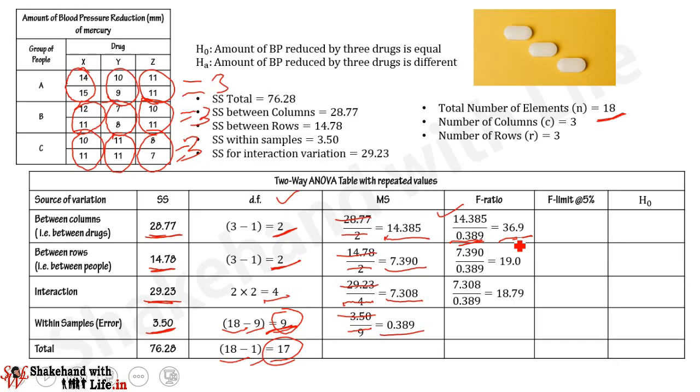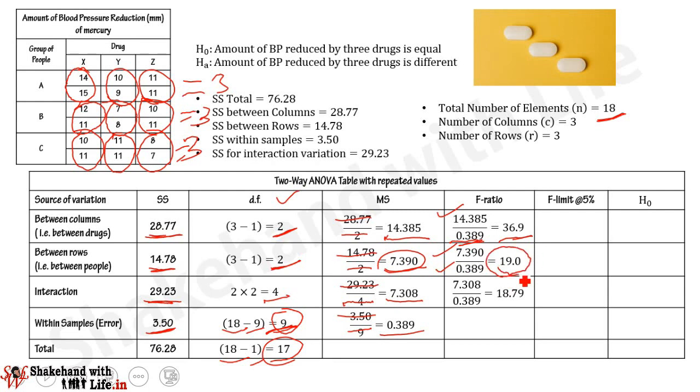Now the F ratio between the rows, so the F ratio corresponding to the rows, or between the groups of people. So we have 7.390 in the numerator, divided by the mean square for variation within samples, 0.389, in the denominator.